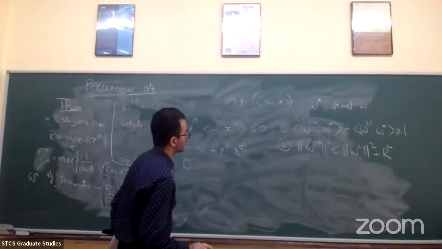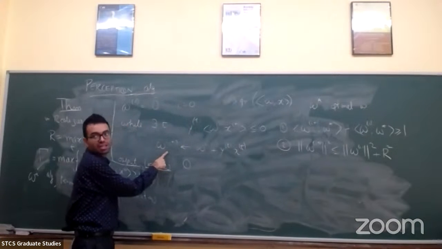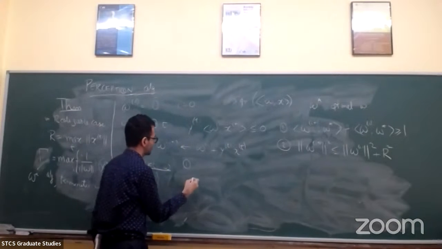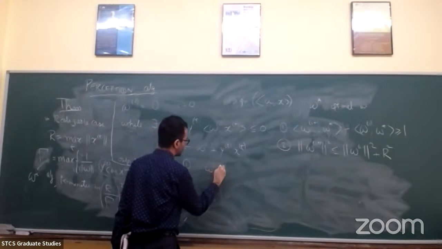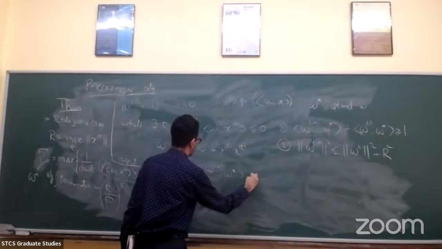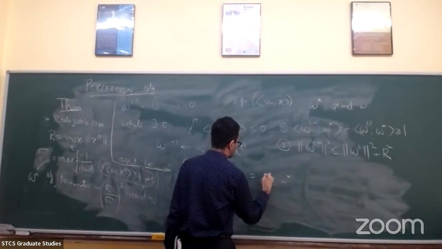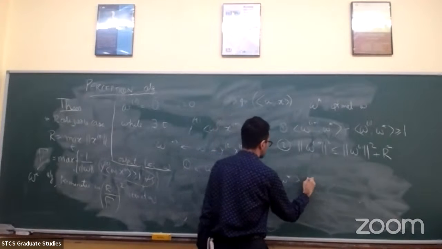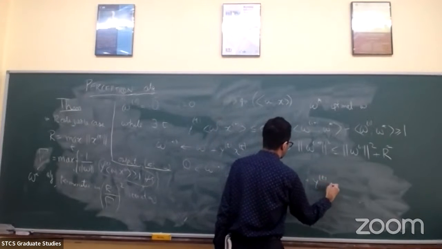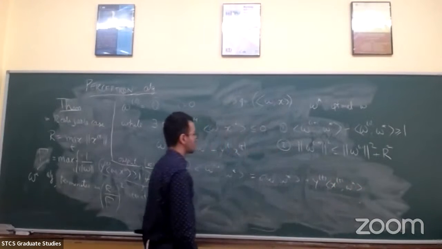So what happens when you do an iteration? Remember, this is what happens. Let's just write it down. W_{i+1} dot W star equals W_i dot W star plus y_t x_t dot W star. Great.